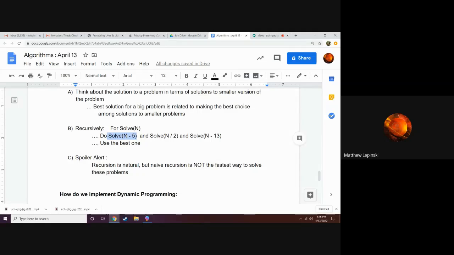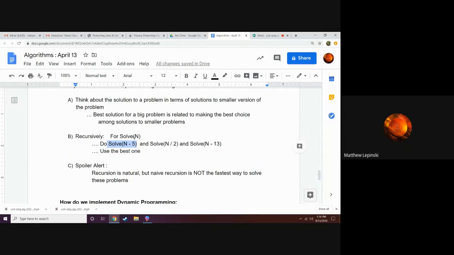You end up solving certain small problems, like the size 3 problem, over and over and over again. And this gets to be wasteful and costly.